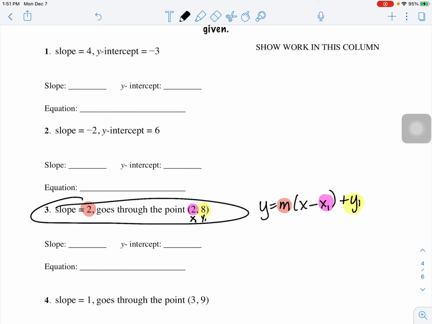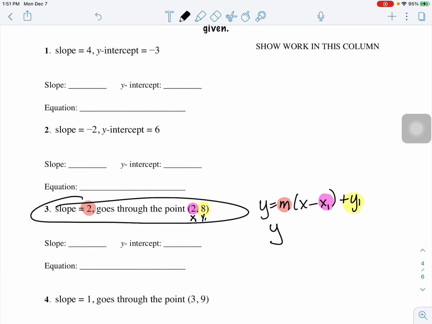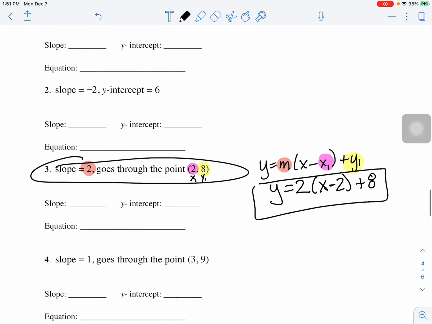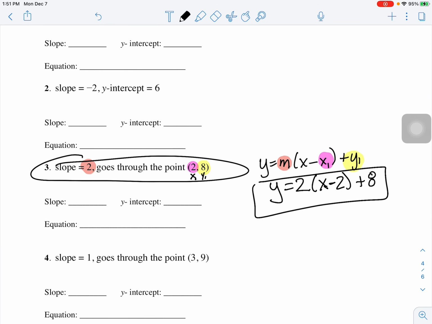So my equation is y equals 2 times x minus 2, because it's the opposite of 2, plus 8. That's my point-slope equation. They also want us to write it in slope-intercept form.